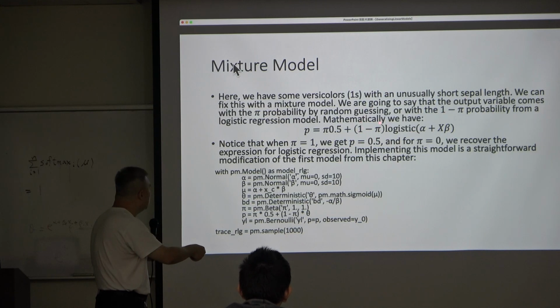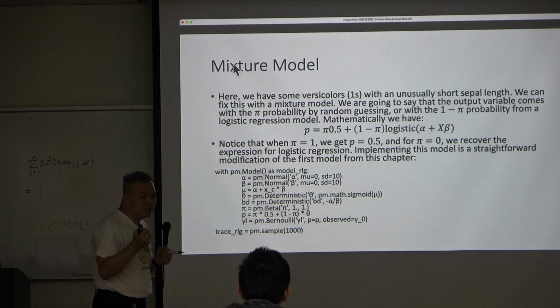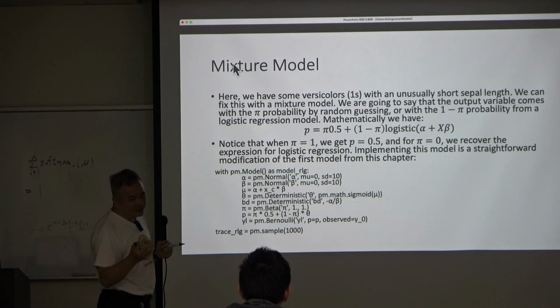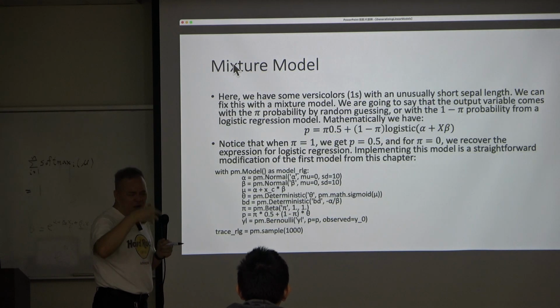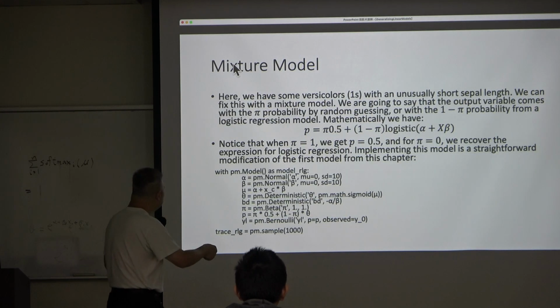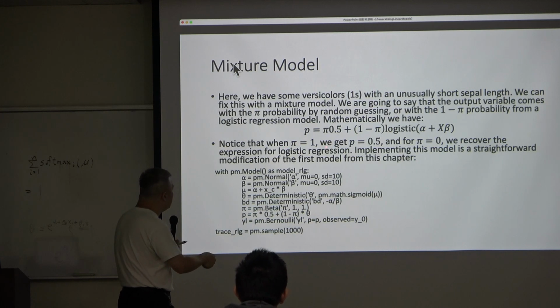This part is just like regular logistic regression. But this part, we intentionally increase the amount of random guess. That random guess helps us to accommodate those special outlier cases. So when pi is 1, we get p equal to 0.5, a complete random guess.